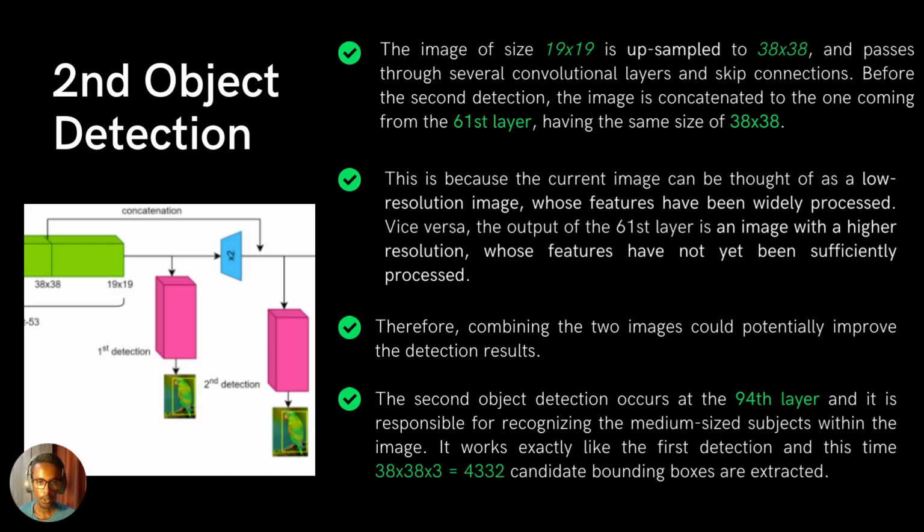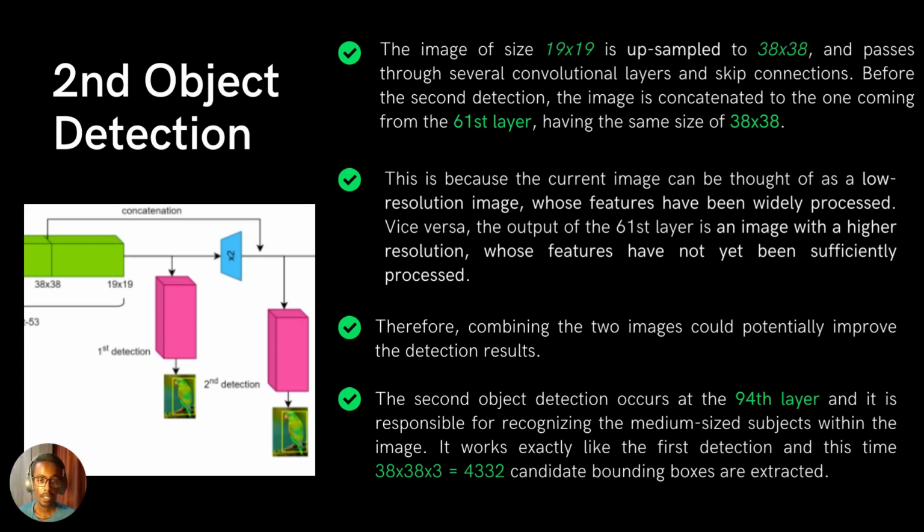The second object detection occurs at the 94th layer, and it is responsible for recognizing the medium-sized subjects within the image. So this second detection is going to detect the medium-sized objects. It works exactly like the first detection.